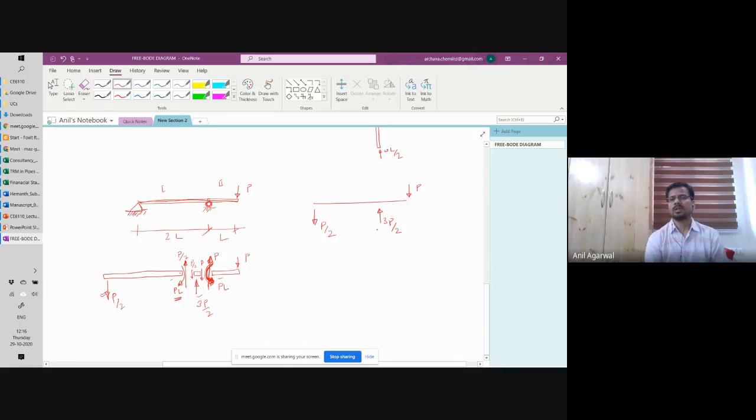You did not have to break it. If you had taken the overall equilibrium, you could have found these forces too. But I didn't want to skirt away from solving this locally also. So you can always split it into local parts and carry forward the forces. That's what I was trying to emphasize, that you can always break into smaller parts wherever you have confusion about how the forces are getting transferred, and still calculate the reactions.